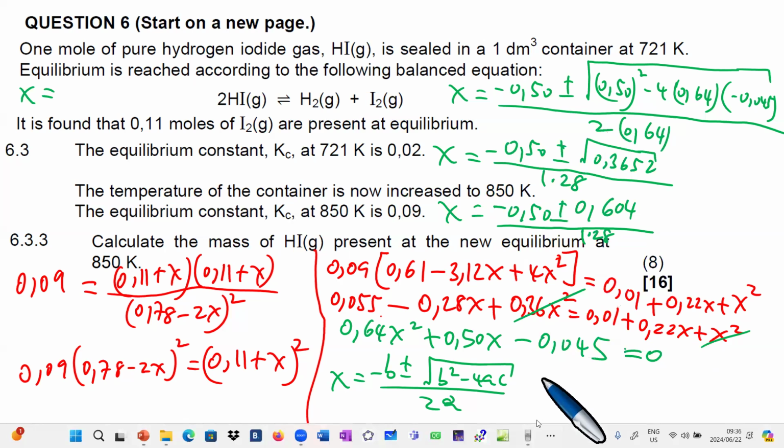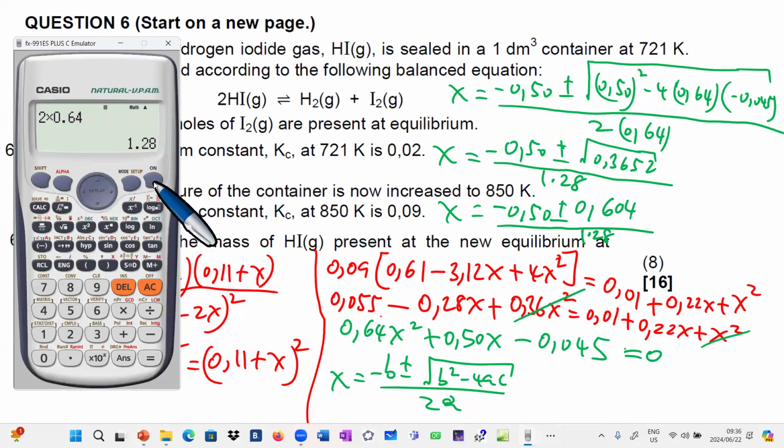So if we do this, we're gonna have the minus 0.50 plus 0.6, over 1.28. We're taking only the plus because the other one is going to be negative concentration. We don't want it.